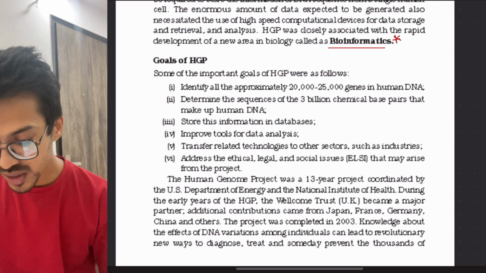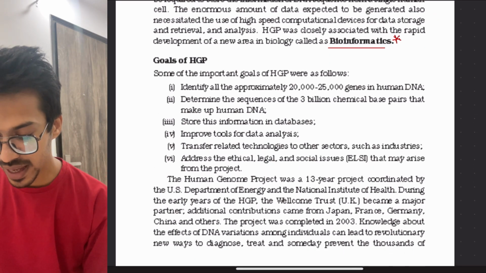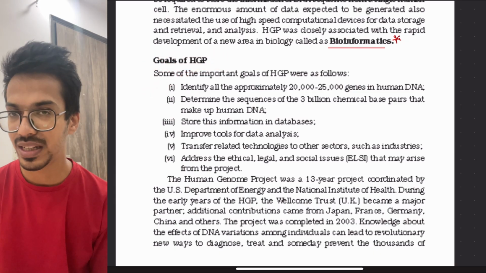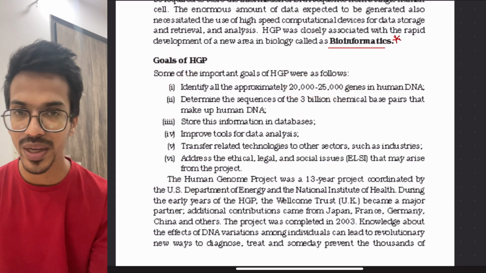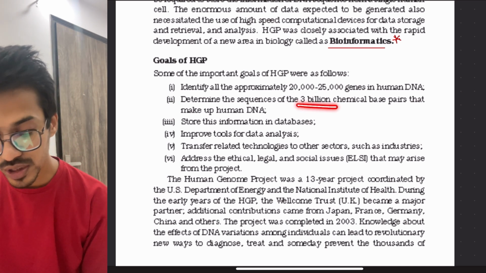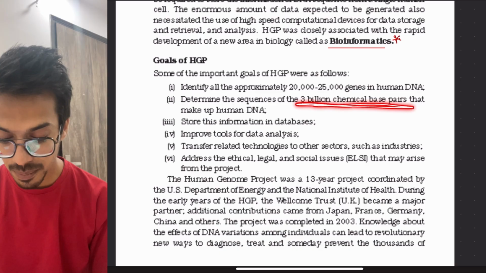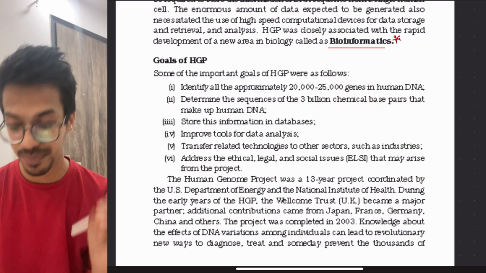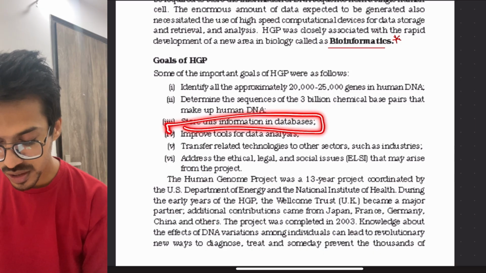Then what are the goals of HGP? To identify all the approximately 20,000 to 25,000 genes of the human DNA, to determine the 3 billion chemical base pairs which make the human DNA, and to store the information in a database.